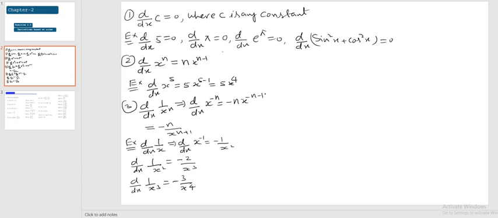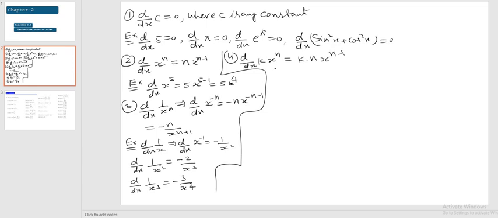Then the derivative of a constant multiplied by a function, the fourth rule: d/dx of k into x to the power n is k into n into x to the power n minus 1. Rule number 5, d/dx of uv, the product, where u and v are both differentiable functions, and in your handout they are the functions f(x) and g(x).